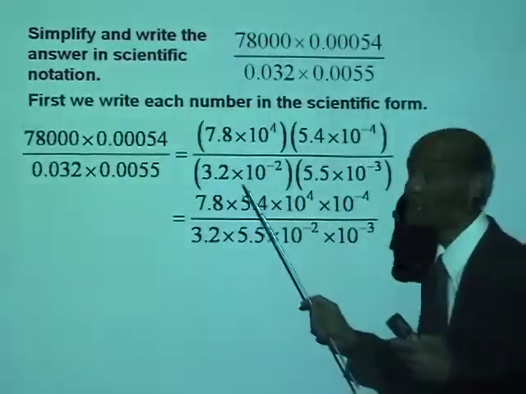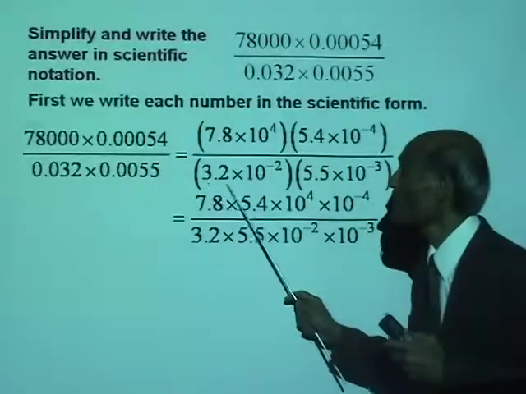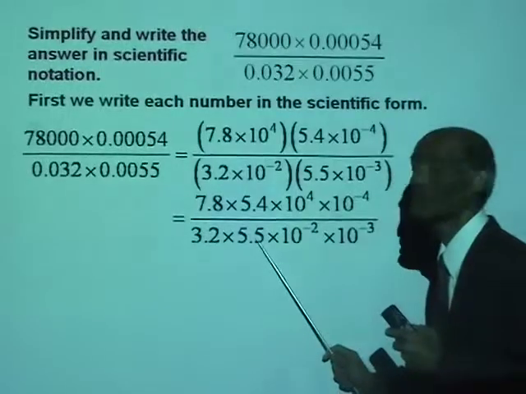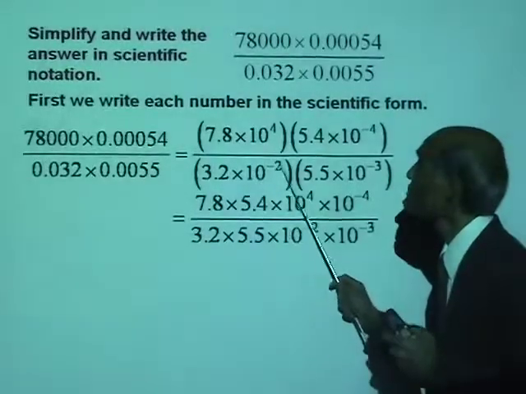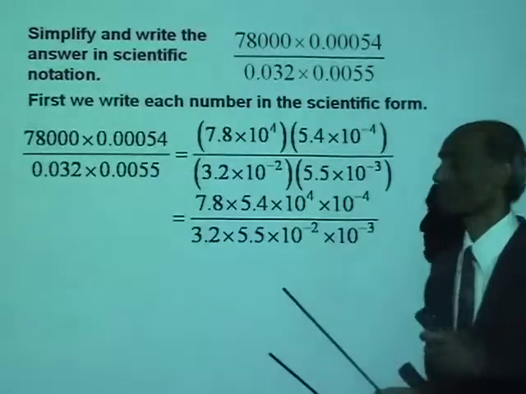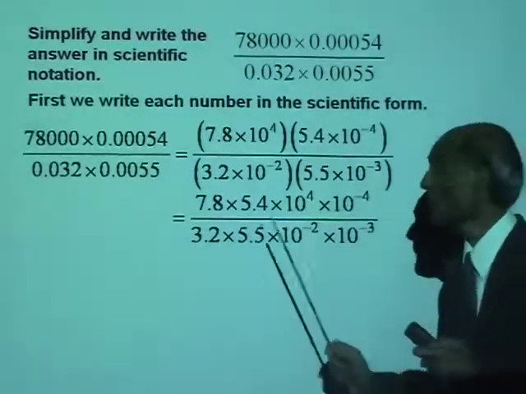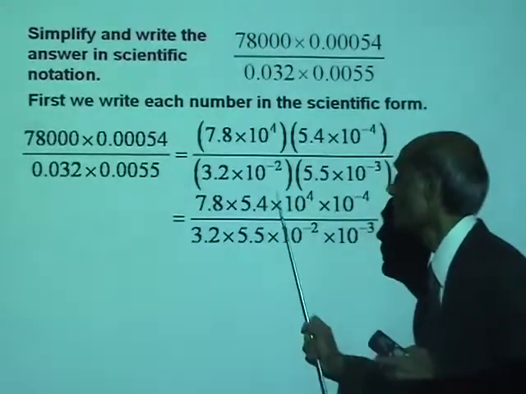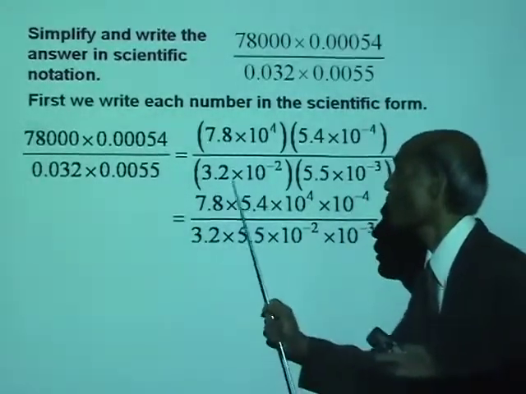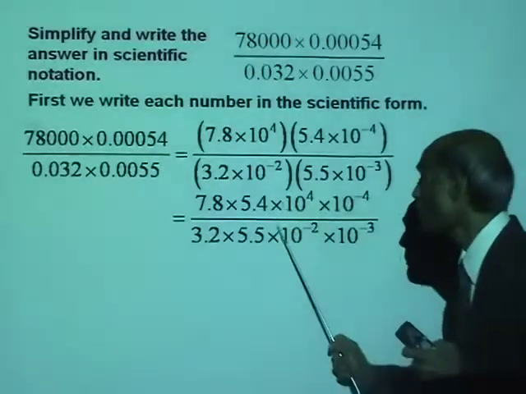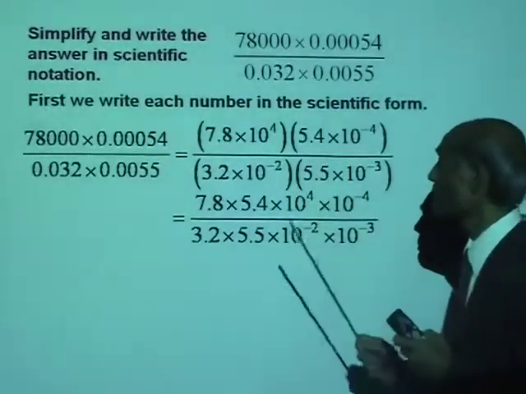On the denominator, what will happen? 3.2 multiplied by 5.5 times 10 to the negative 2 times 10 to the negative 3. And now, you can break it into 2 blocks. A block that contains all these ordinary numbers and a block that contains all the powers of 10.